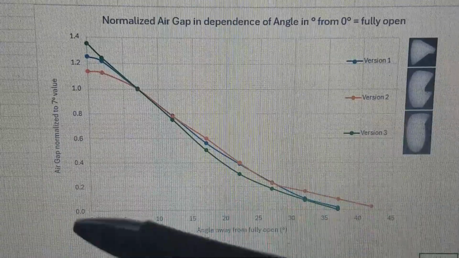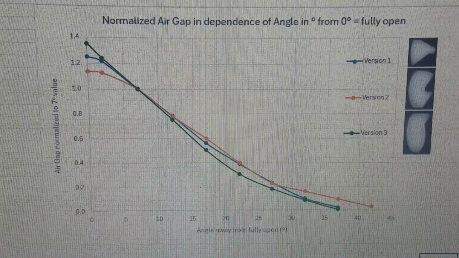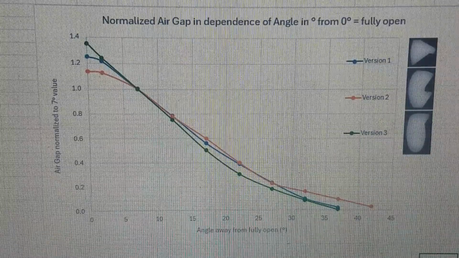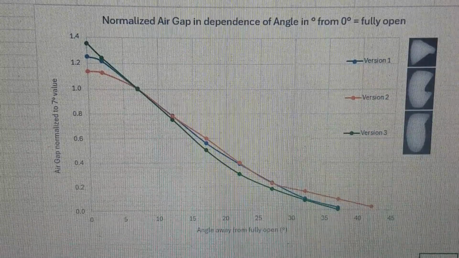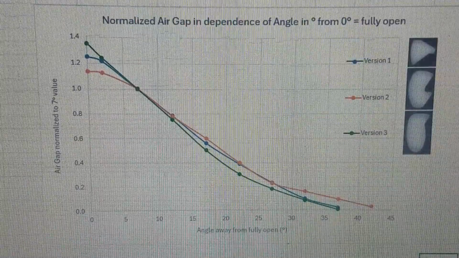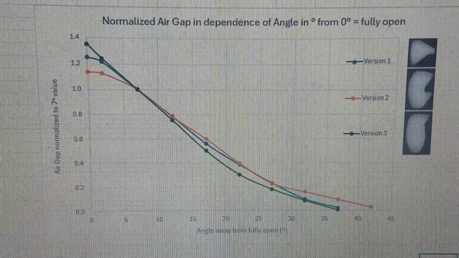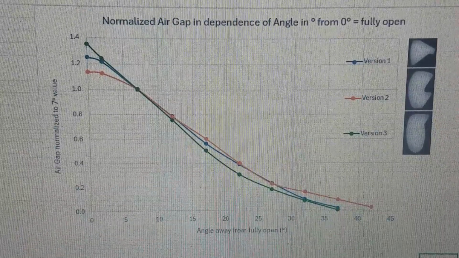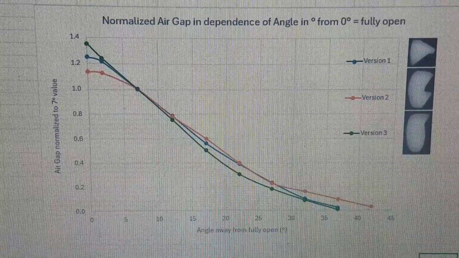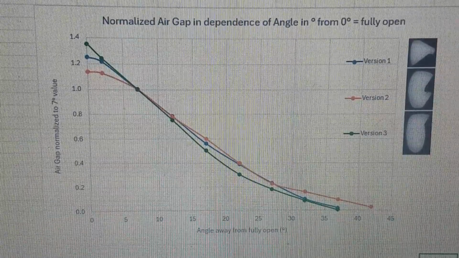I'm now going from fully open to close, so I count the angle the other way around, because otherwise the curves would be increasing, and it feels wrong to me. If something gets smaller, I want to have the small value on the right and the large value on the left. Anyway, so what used to be 47 degrees is now 0 degrees, and what used to be 0 degrees is now 47 degrees. But that's just a way of presenting the data.